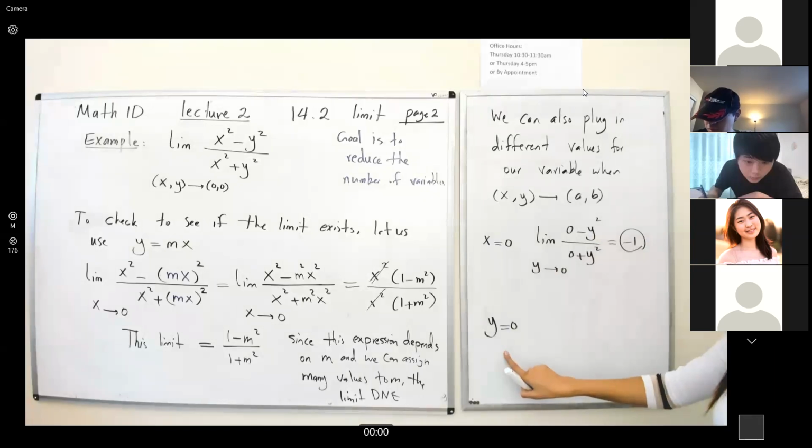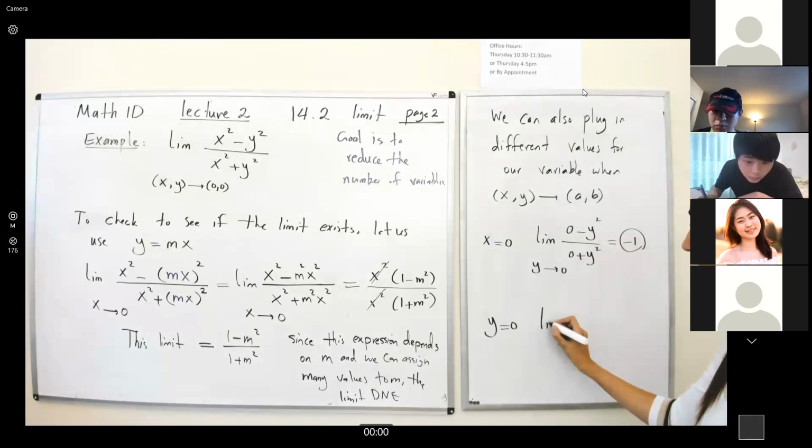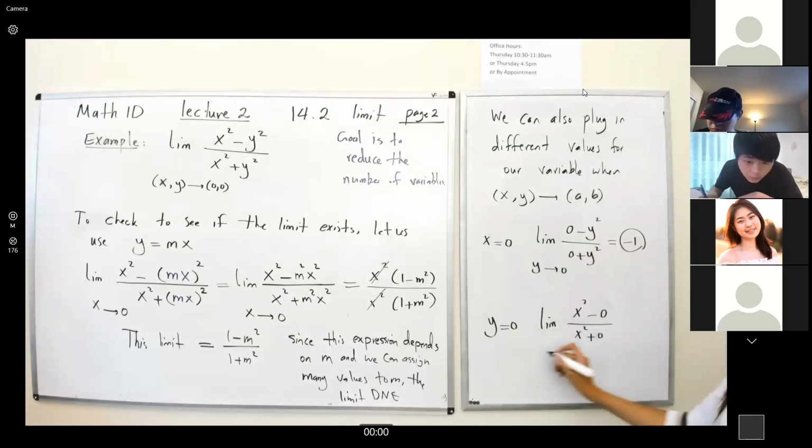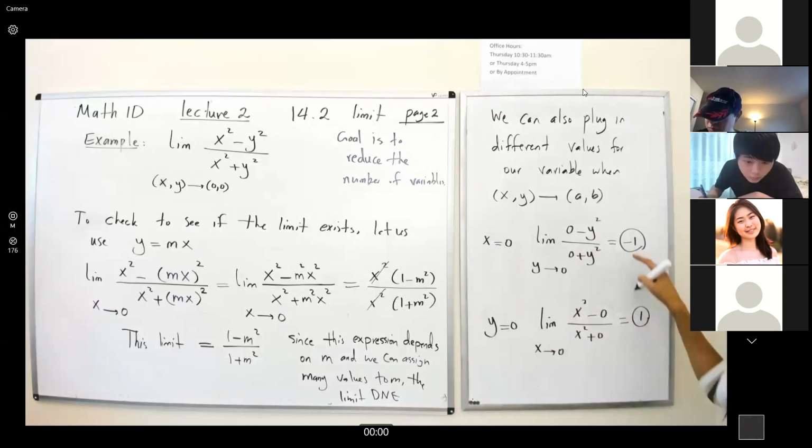You might say, hey, I want to plug in y equal to 0 into the function. I get the limit of x squared minus 0 divided by x squared plus 0 while x goes to 0, which is equal to 1. As you can see, you get different values.